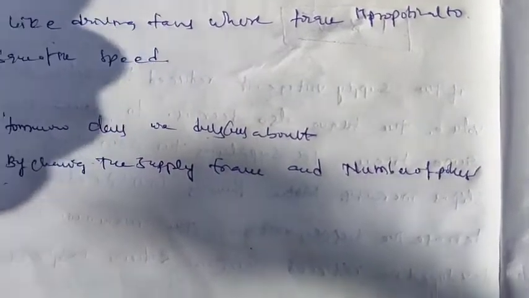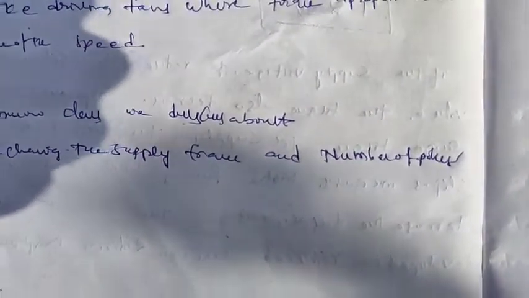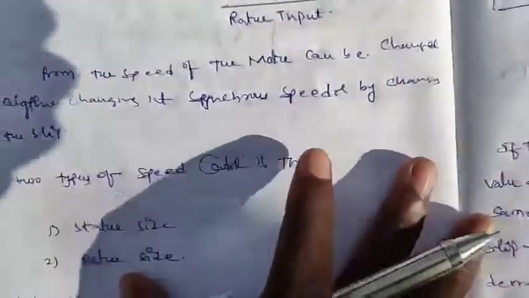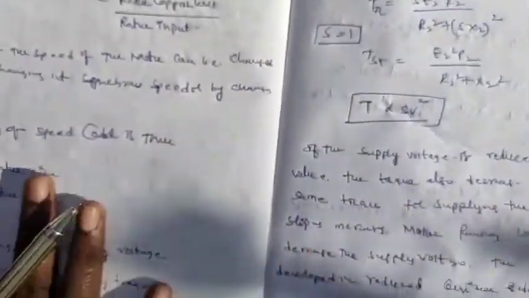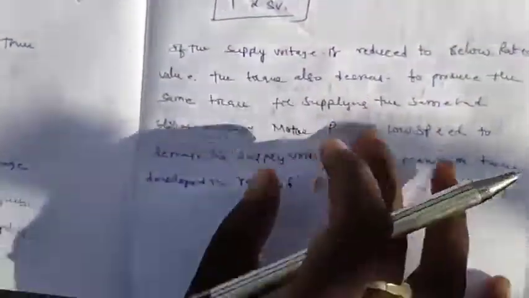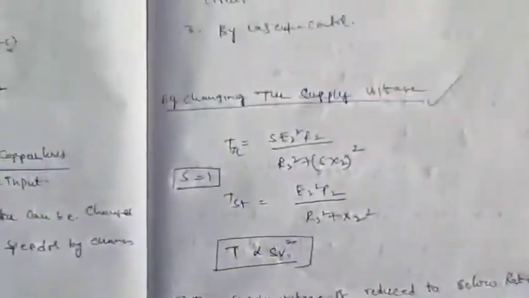From this, the stator side is completed. So these are the speed control techniques from the stator side and rotor side. Today we discussed speed control by changing the supply voltage.